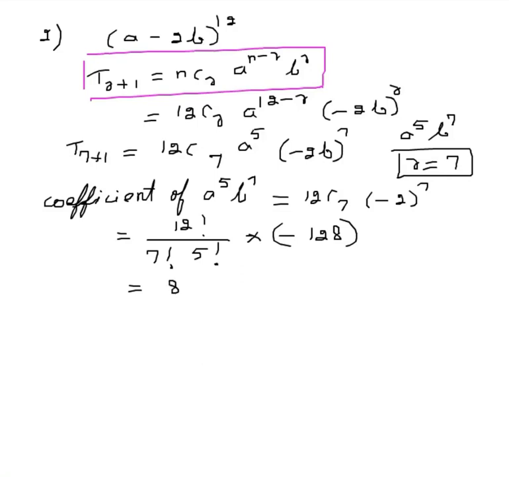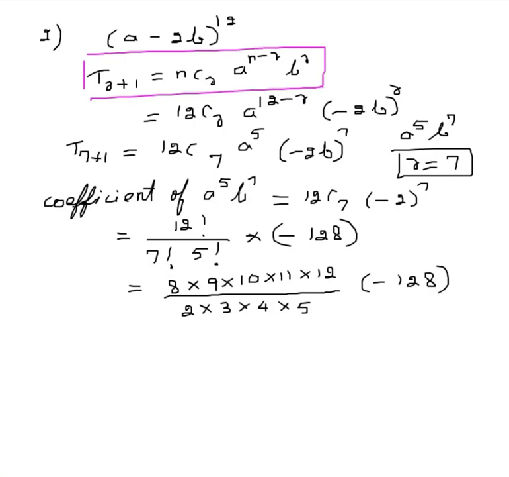Cancel 7 factorial. 8, 9, 10, 11, 12 divided by 5 factorial is 2, 3, 4 and 5, times minus 128.